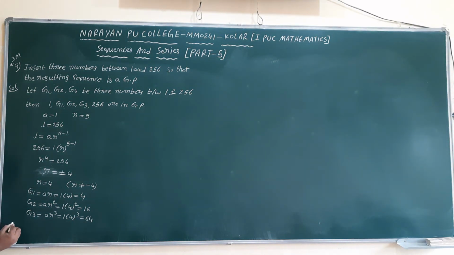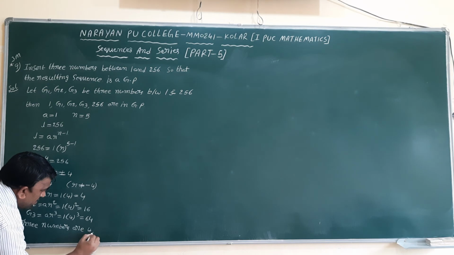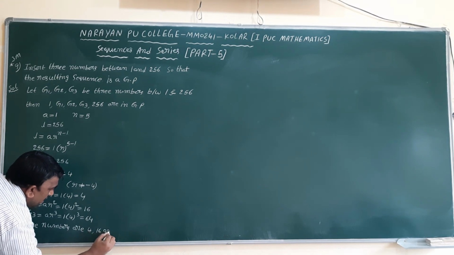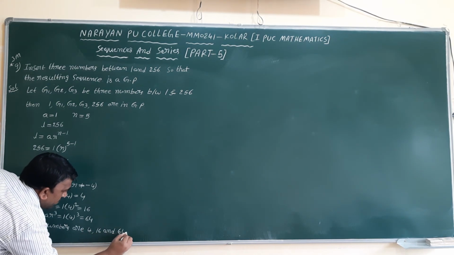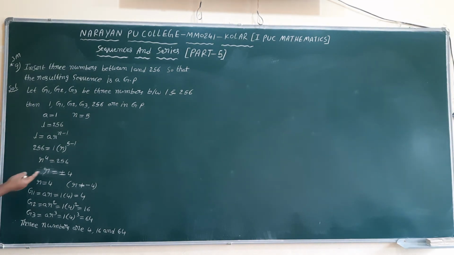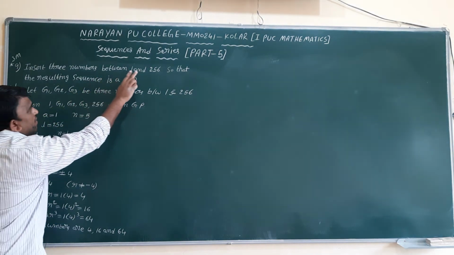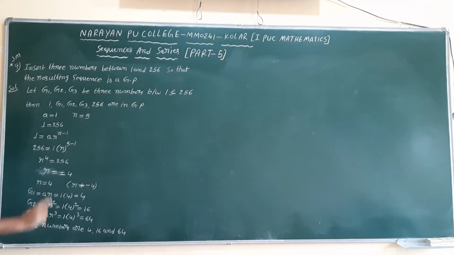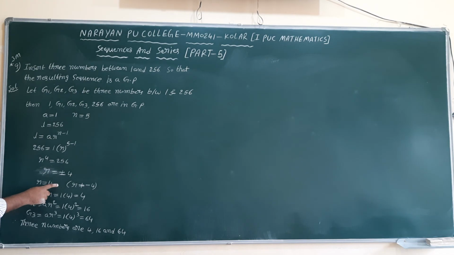Therefore the 3 numbers are 4, 16 and 64. If you take r value minus 4, we will get negative values, minus 4 is not between 1 and 256. That's why we need to take r as only plus 4.